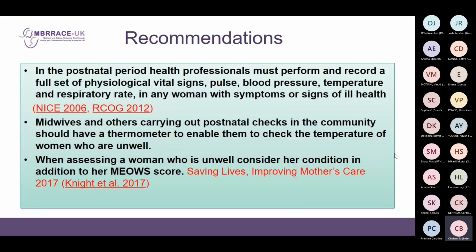So the recommendations out of this was that in the postnatal period, health professionals need to perform and record all the basics, basic observations, so their pulse, blood pressure, temperature, respiratory rate. Ideally, when someone's discharged from hospital, their obs should be normal. If they're not normal, then we need to do everything, try our best to find out why they might have a raised pulse or whatever it is.